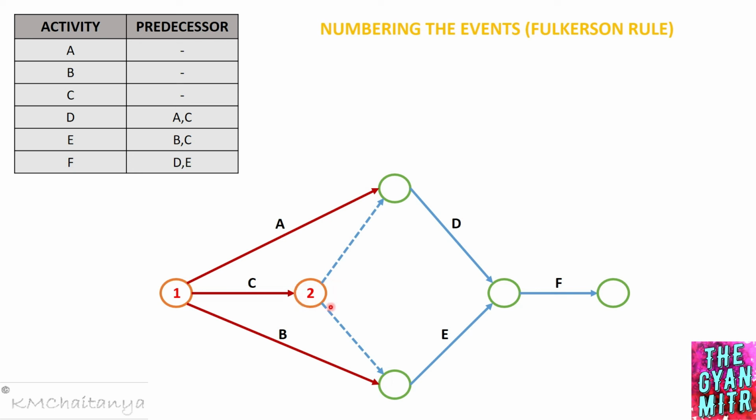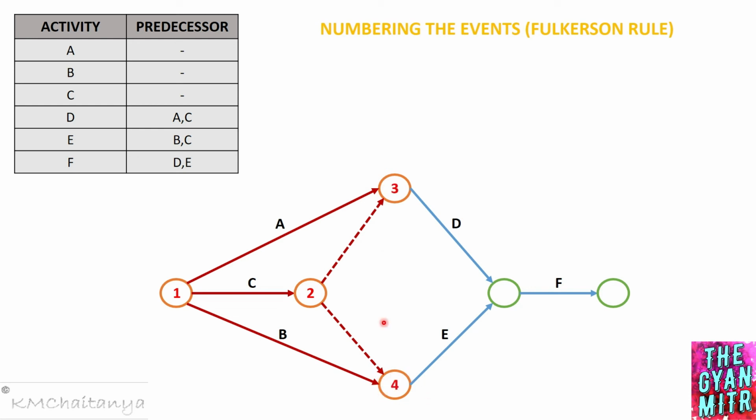So once I've come to event number 2, I'll be tracing the other two dummy activities. Now I have both these events which can be numbered, right? Because all the incoming activities to both these events have been completed, tracing is completed.